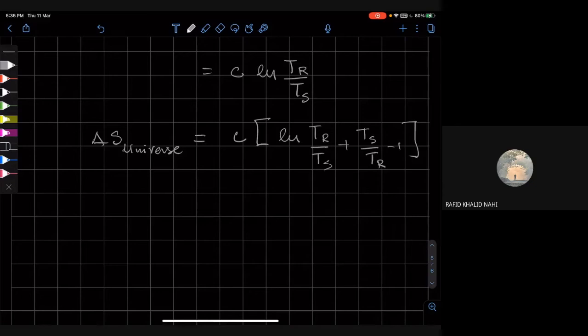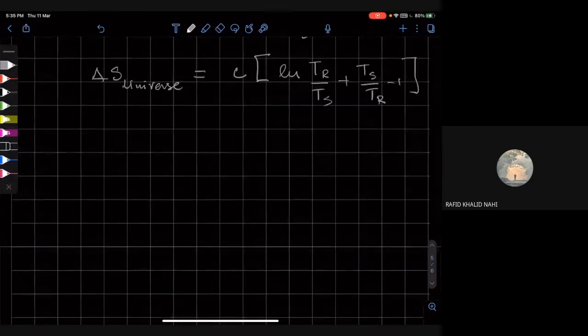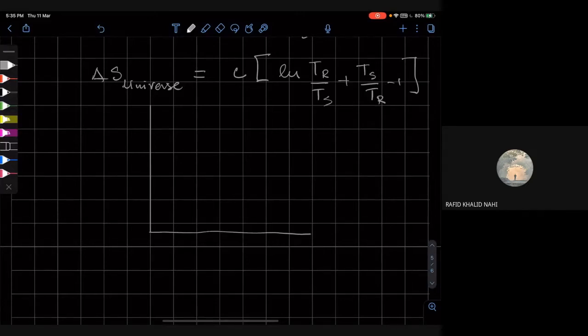And so there's a graph for this. What we can do is graph the different changes in entropy, say delta of S, as a function of, say, Ts over Tr. So here we have 0, and over here we have, say, 1, and over here we have 2.